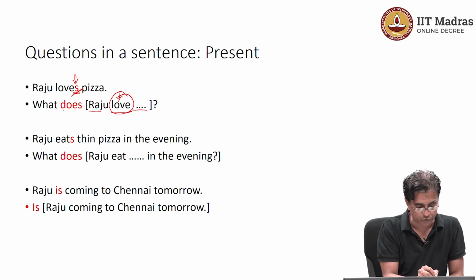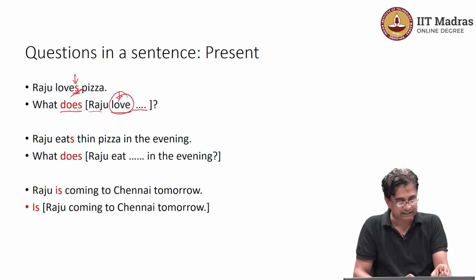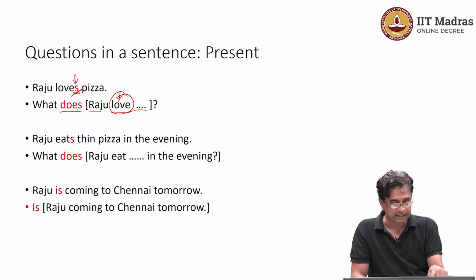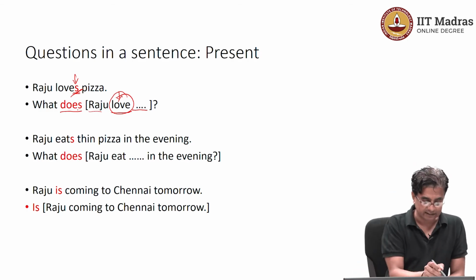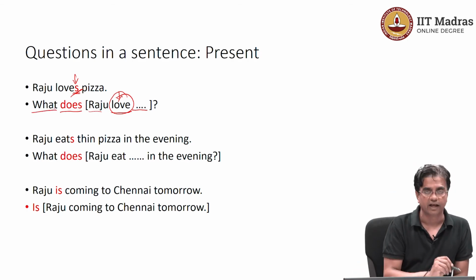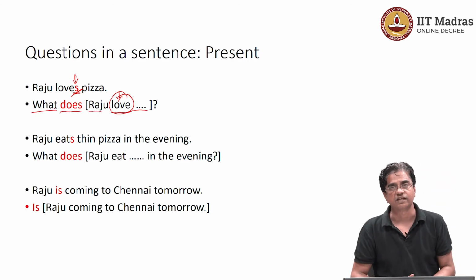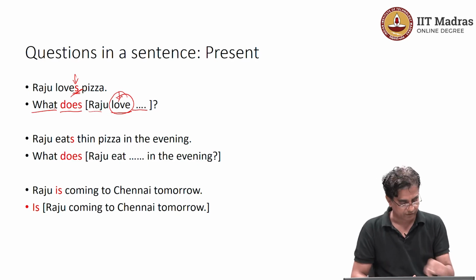So we use do, and because it was third person singular, we get does. And that tells you that it gets fronted. It gets out of the sentence and it is fronted. And then we get a question word, and thus we get a question sentence. What does Raju love?